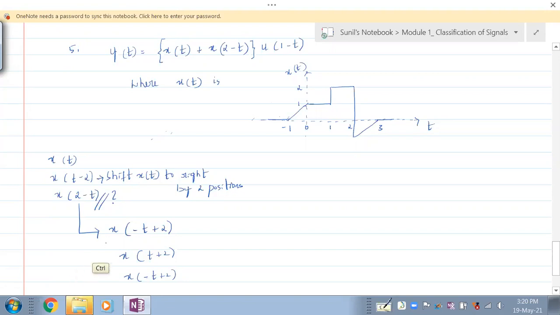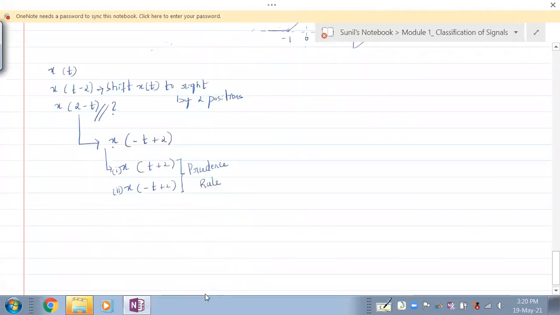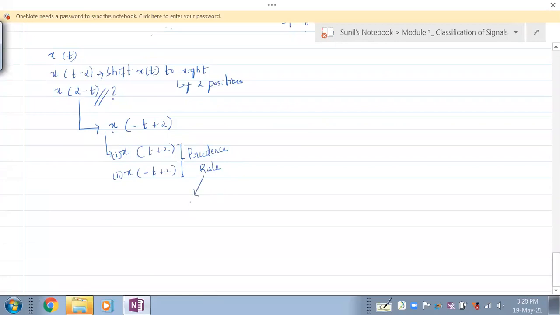How to obtain this is first doing this and then doing this. Who tells us that? This is told by something called the precedence rule, which says shift first and then scale.